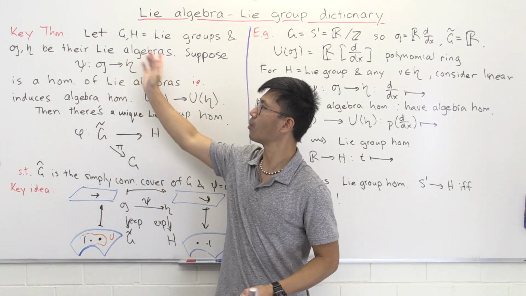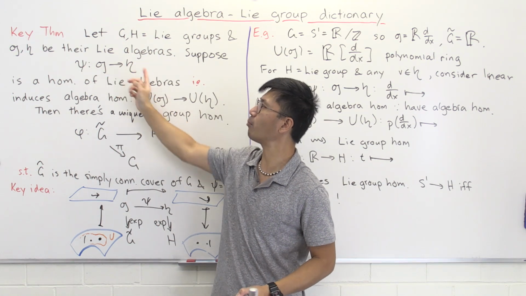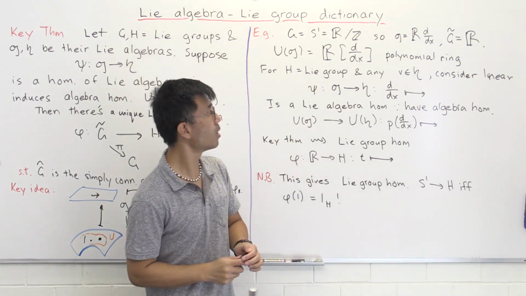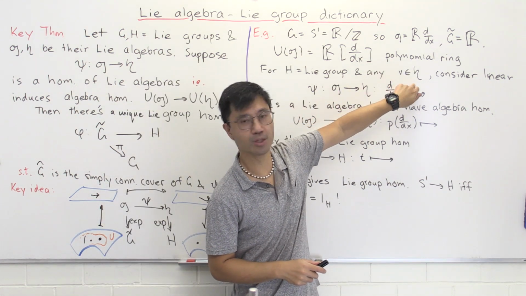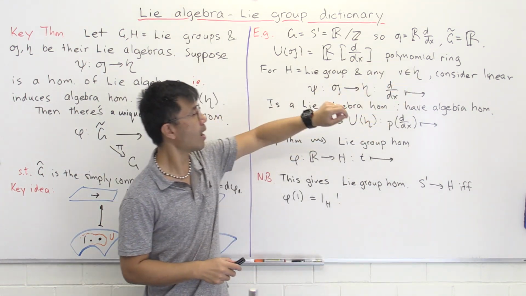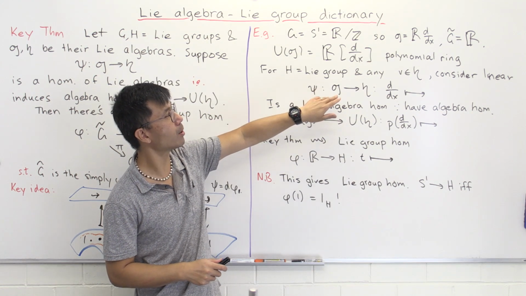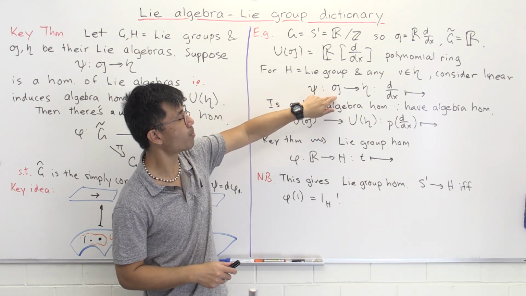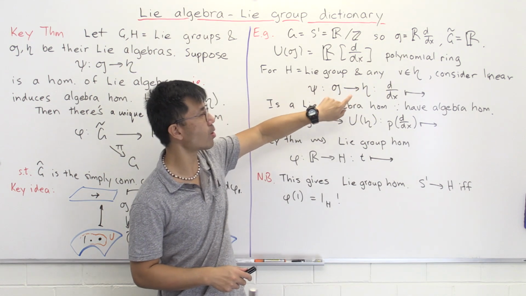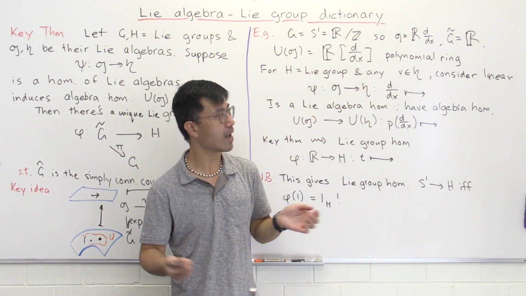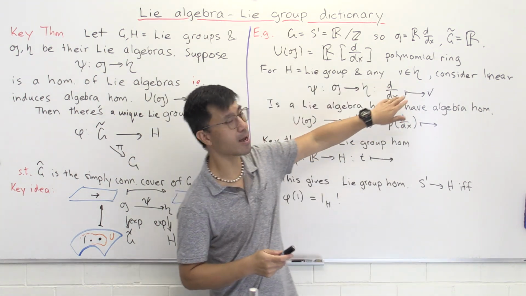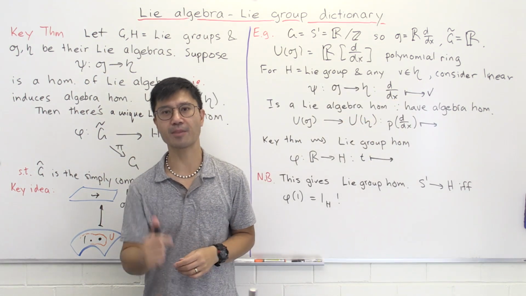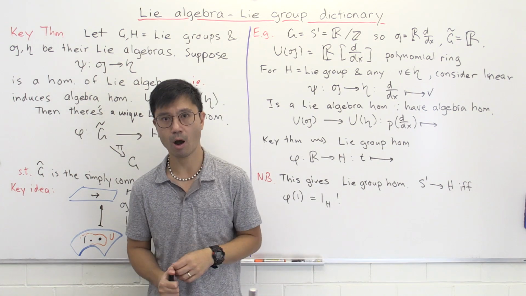Okay, we want to look at this setup, which is just a linear map, a map of Lie algebras. So we're going to consider any V inside H, and we're going to consider the linear map, which, well, this is just a copy of R, right? It's one dimensional, so I just have to say where the basis vector d dx goes to, and let's send it to V. So there's a unique linear map like that, and I claim that this is actually a Lie algebra homomorphism.